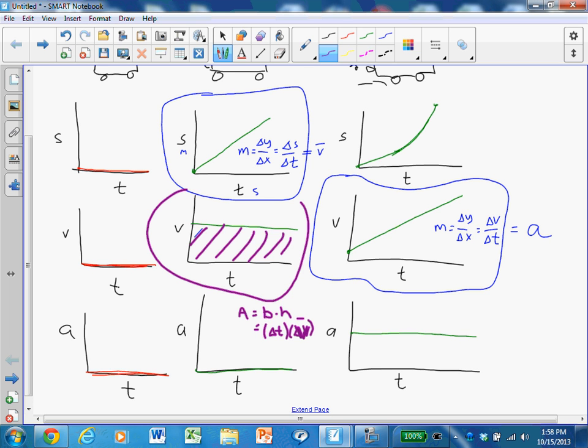And of course, that's the same thing as delta s, right? So if you'd like your displacement, take the area under the curve and the x-axis on a velocity versus time graph. So the area between the x-axis and the line gives you your displacement.